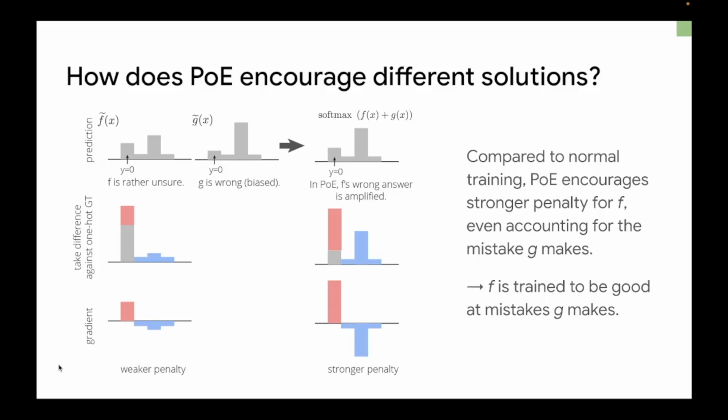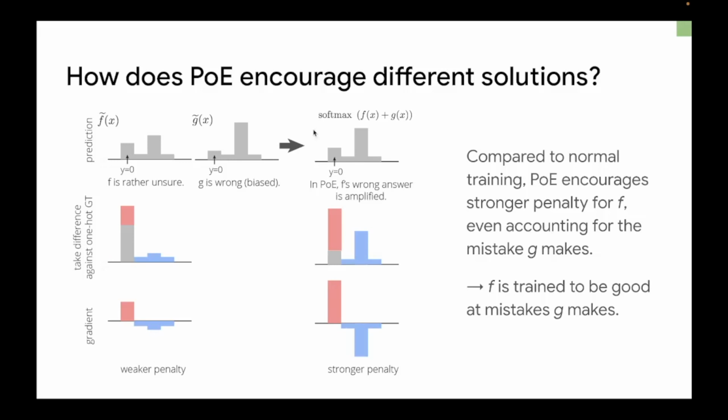Now let's take a look at the case for the product of experts. Let's say f is somewhat wrong, but g is outright wrong for the prediction task. The softmax of the summation, which is the product of experts prediction, is some average between these two, somewhere in the middle. Normally, f would not have got so much penalty, because f is not super wrong, so there would be a rather smaller gradient.